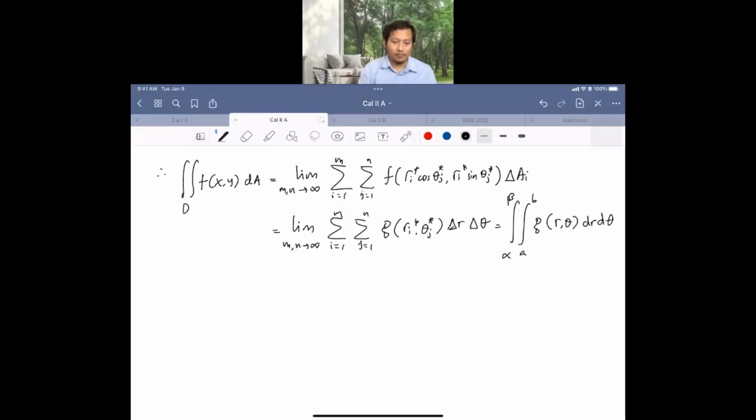Okay, and this is certainly equal to, we turn back to the f, that this is the integral over alpha, beta, a, b of f(r cos theta, r sin theta), and then don't forget r dr d theta.